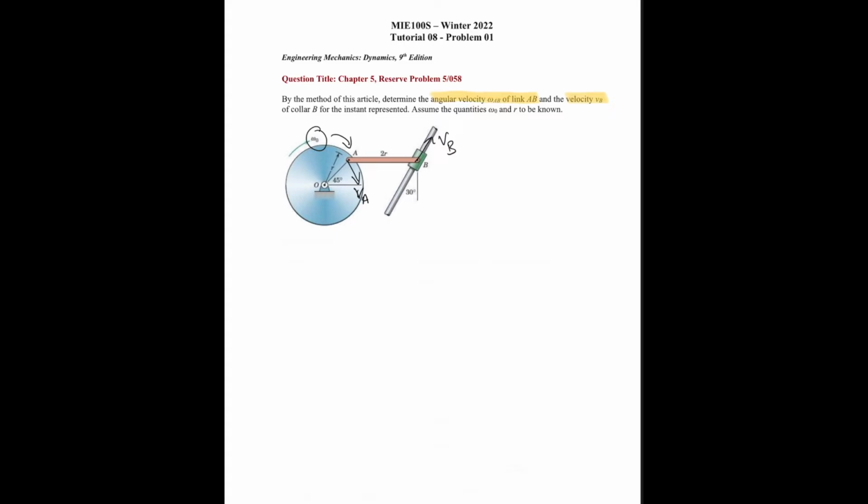Okay, so we want to find the instant center of rotation. Where is the center of rotation for A and B? We're going to extend this a little bit out. So we know that the angle here is 45 degrees, and the angle here is 30 degrees.